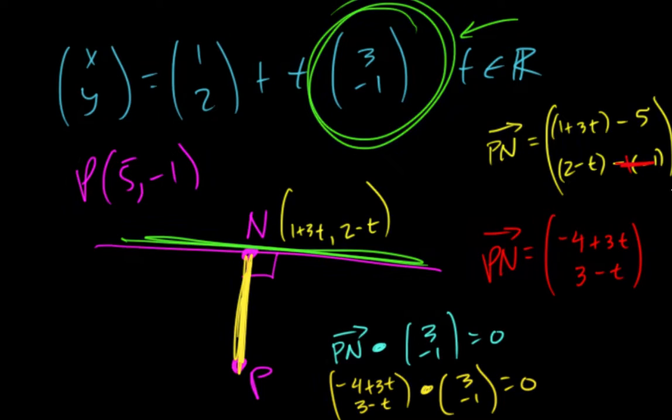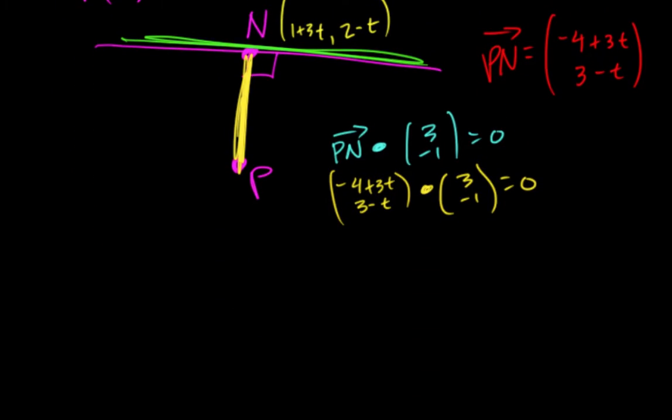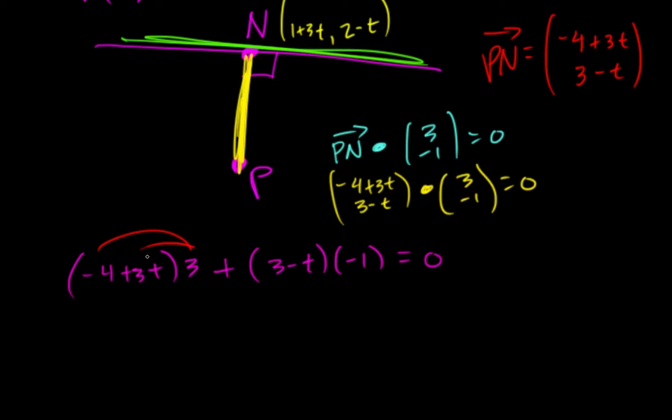let me move this down a little bit. Okay, so dot product, we multiply common terms, and then we add that to the other common terms being multiplied. Okay, distribute.